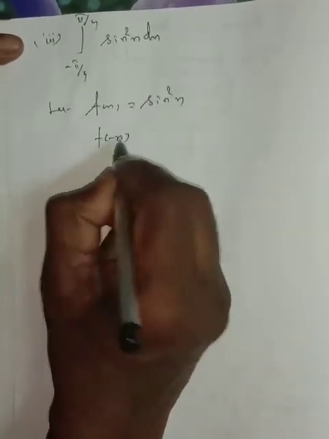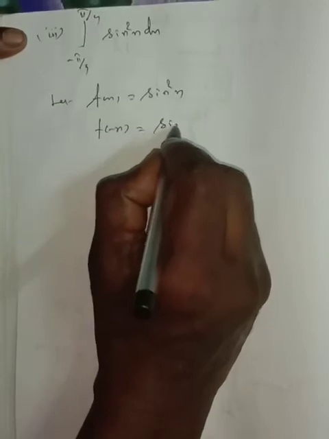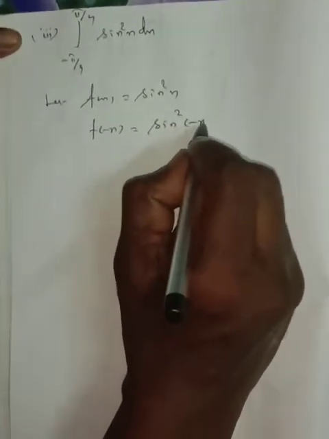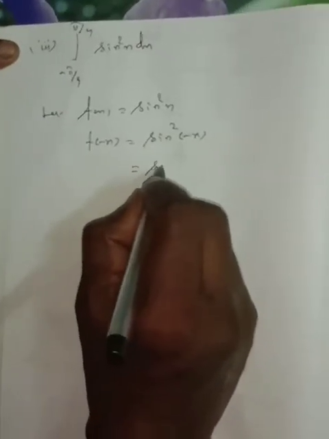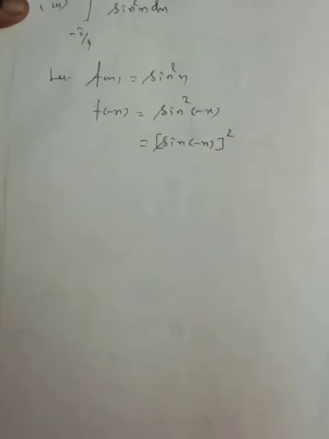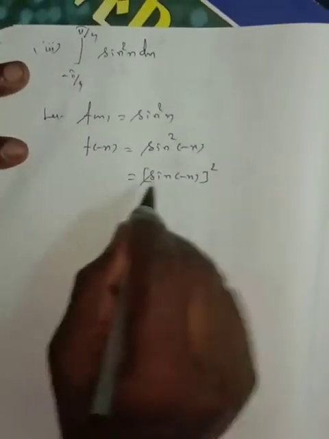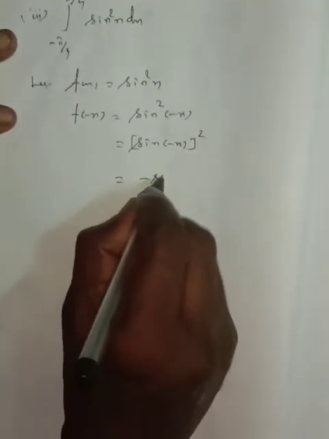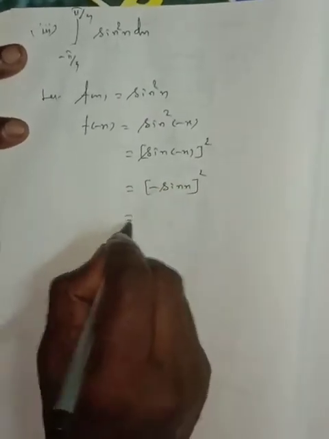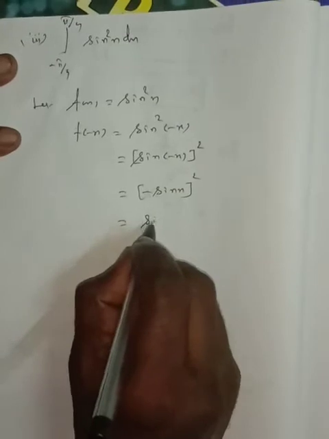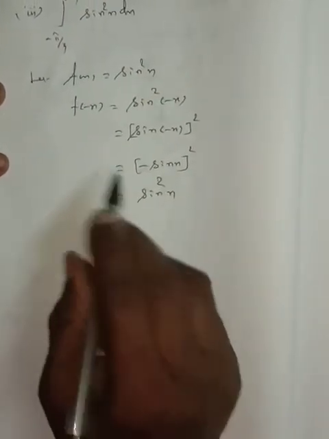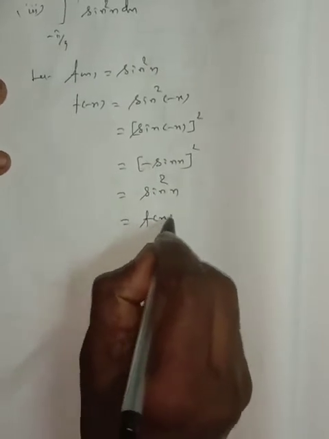F of minus x is equal to sin square of minus x, this means sin of minus x, whole square. Sin of minus x is minus sin x, whole square. Minus 1 whole square is positive 1, therefore sin^2 x. So f of minus x is equal to f of x.